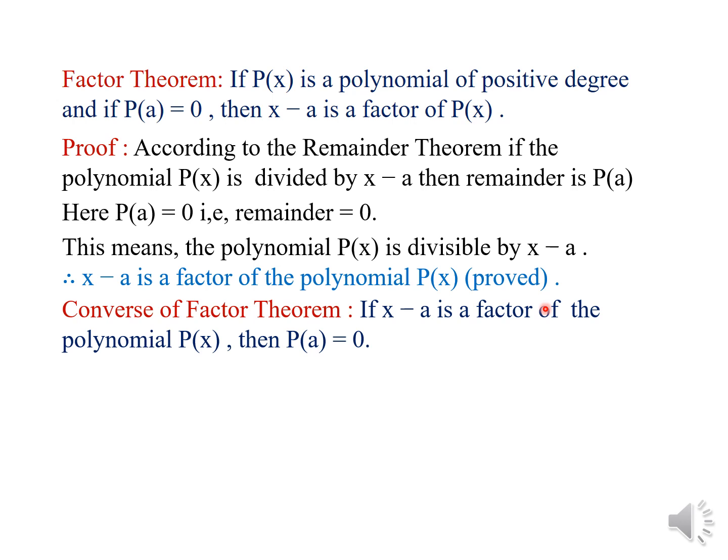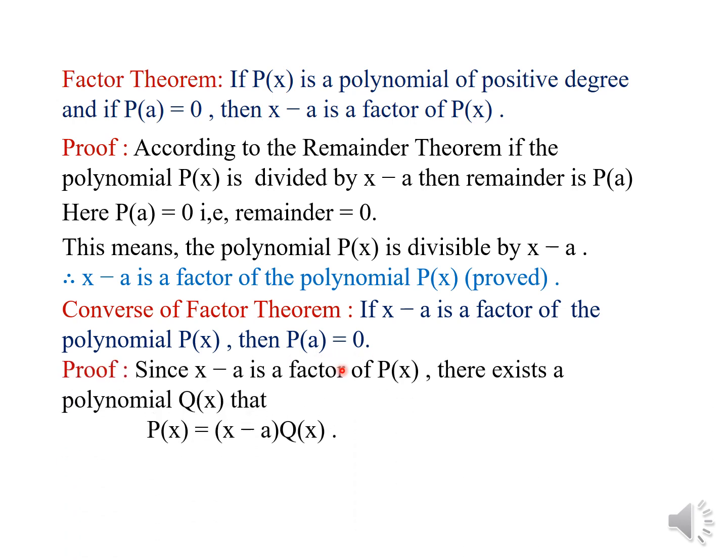Now we want to know the converse of the factor theorem. It is just the opposite. If x minus a is a factor of the polynomial p of x, then p of a is equal to 0. Now the proof of this theorem. Since x minus a is a factor of p of x, there exists a polynomial q of x, that is p of x equal to x minus a into q of x.